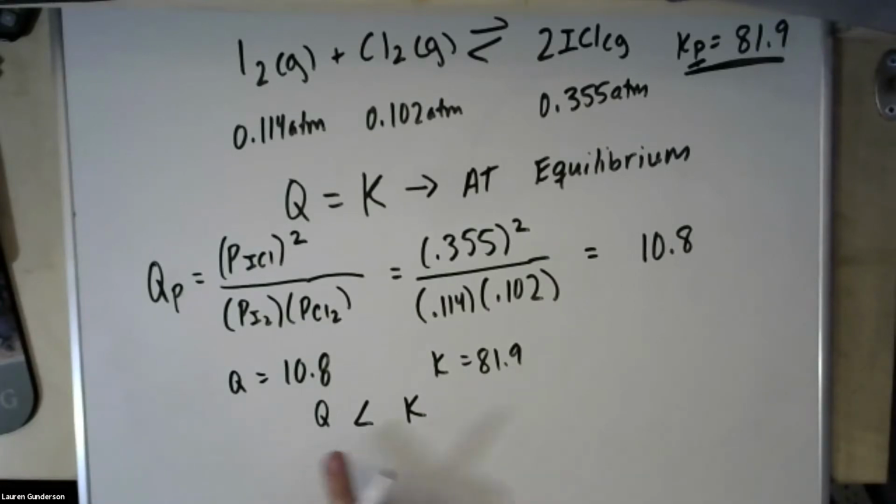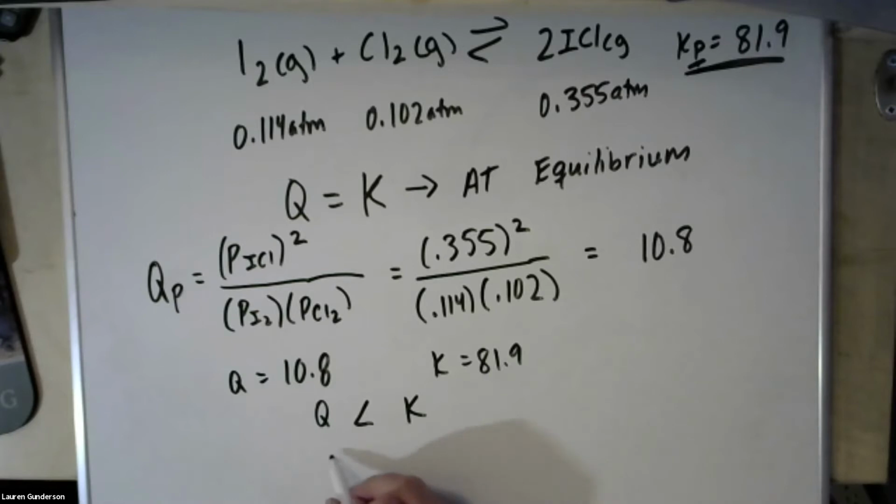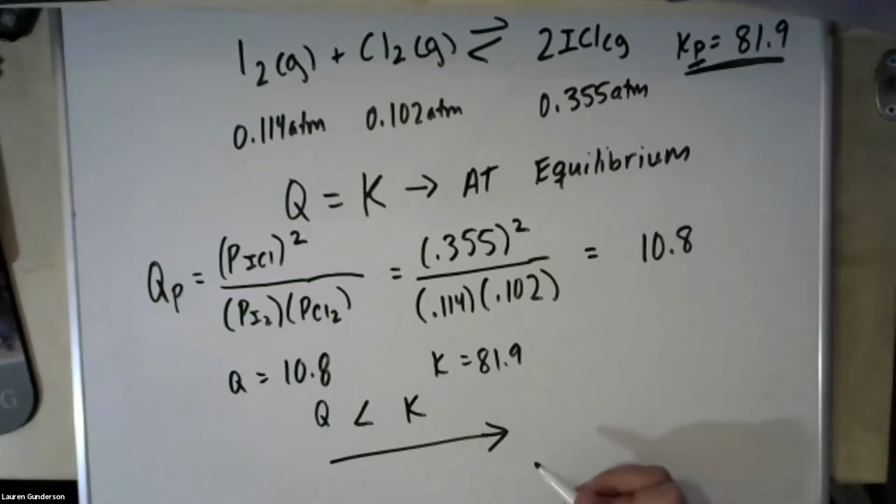When your Q value is less than your K value, your reaction is going to proceed in the forward direction. Your reaction is going to try to create more products.